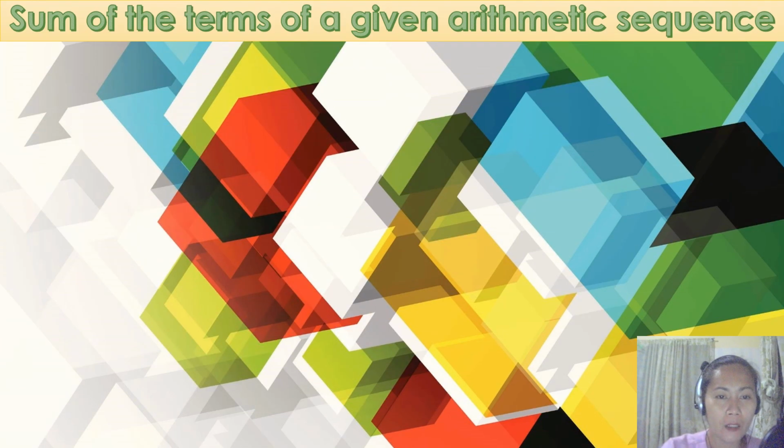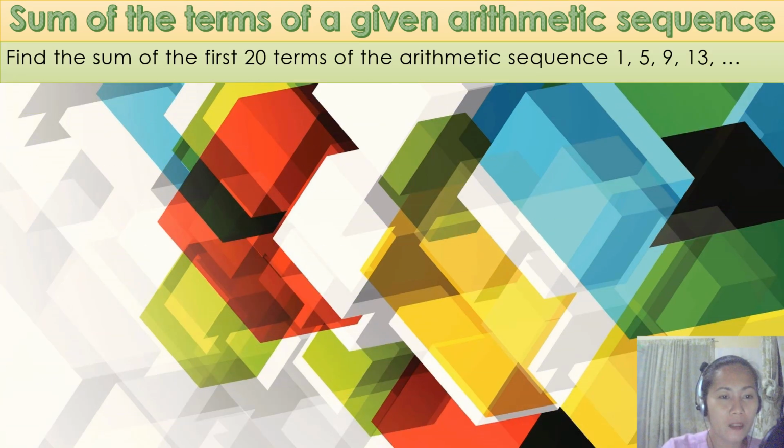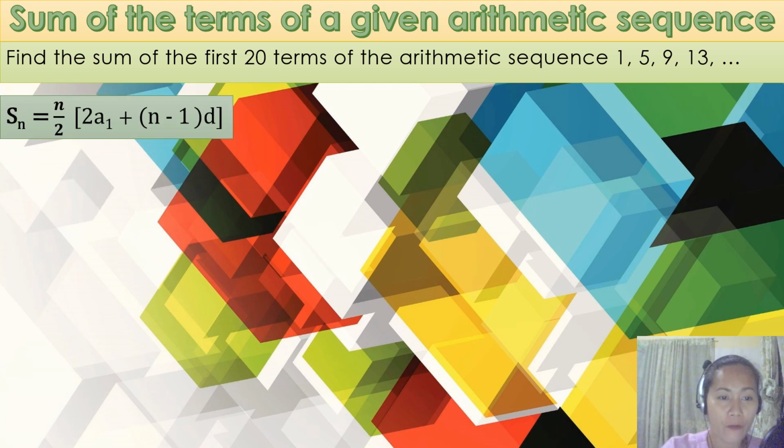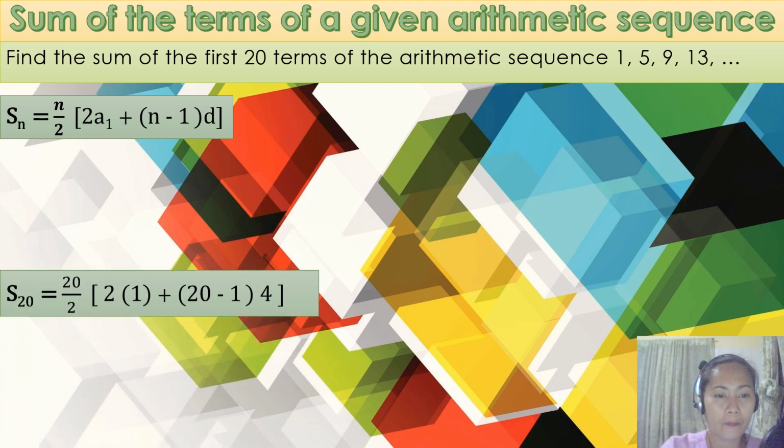Another example. Find the sum of the first 20 terms of the arithmetic sequence 1, 5, 9, and 13. Since the 20th term is unknown, we are going to use this formula. S sub n equals n over 2 times 2a sub 1 plus n minus 1 times d.